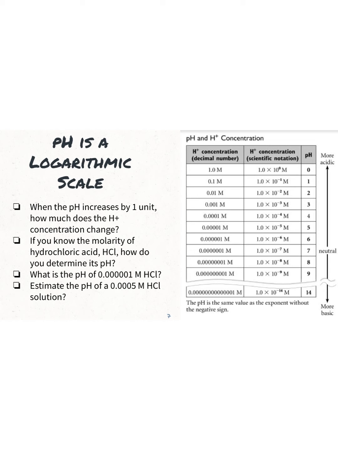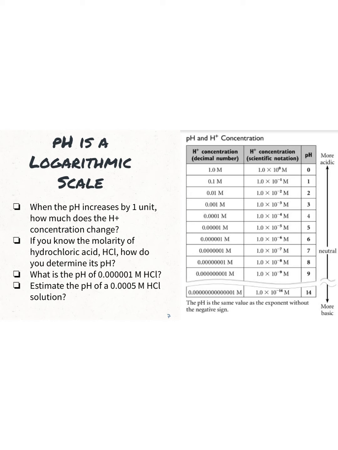What's the pH of a 0.00001 molar HCl? And can you estimate the pH of a solution which is 0.0005 molar HCl? Take a few minutes to think about that, look at this table, and then come back and we'll go over it.